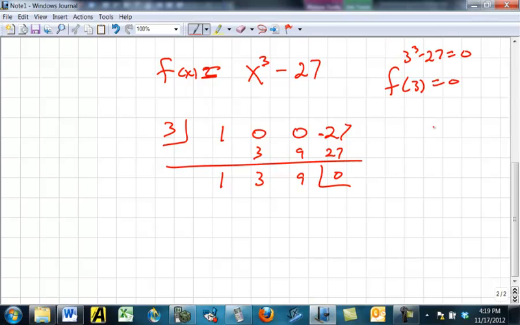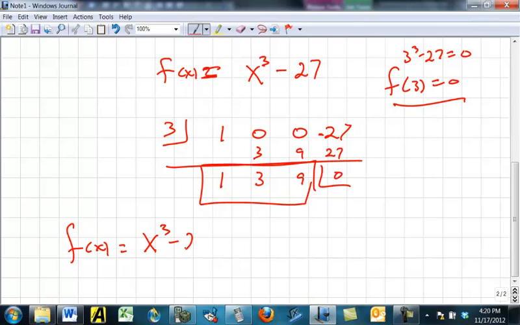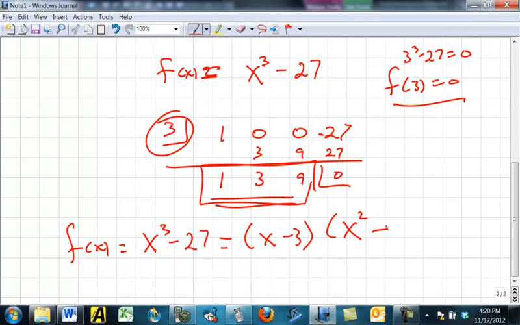But not only does it tell you f of 3 is 0, it tells you what the other factor is. So this tells us that f of x, x cubed minus 27, factors with one of the factors being x minus 3, but it tells us that this is the other factor. We sometimes call this the depressed polynomial.